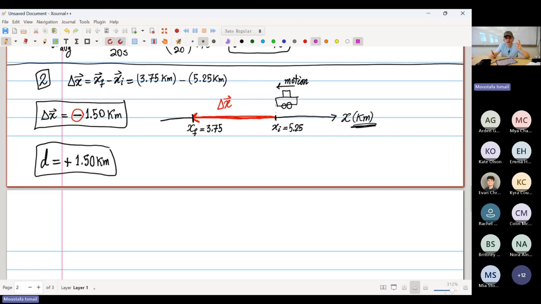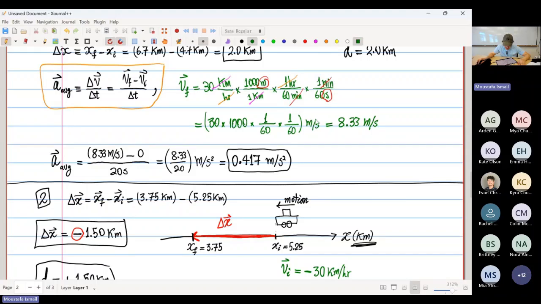Now, with extra information, we can calculate velocity and acceleration as we did in the last example. So in this case, suppose that on its way back, the truck is moving at 30 kilometers per hour to the left. So we have the initial velocity equals negative, because it's moving to the left, 30 kilometers per hour, which we just converted above to be 8.33 meters per second.